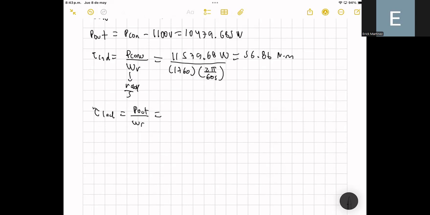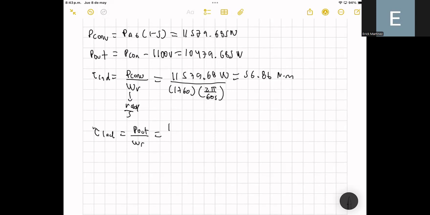We know the output power, that is 10,479.68 watts divided by the rotor speed, that is 1,760 times 2 pi divided by 60. And this is equal to, just one moment.